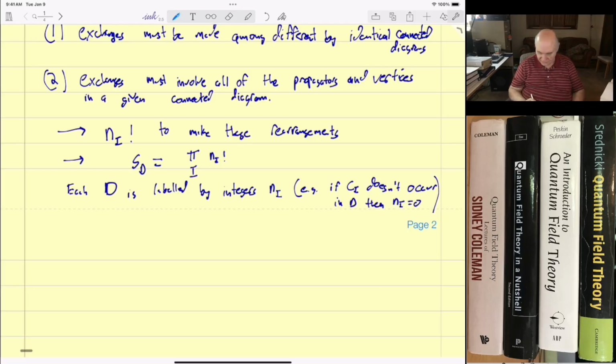If it occurs once, it's once. If diagram number 123 occurs 36 times, then n_I is 36. So that's just notation. That's all we've really done is notation.